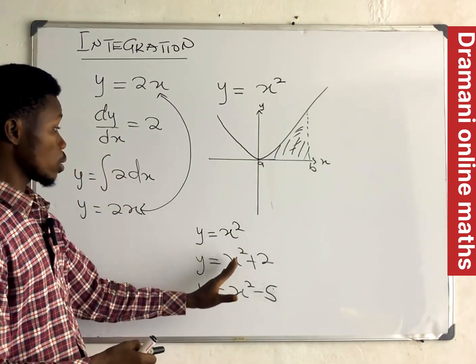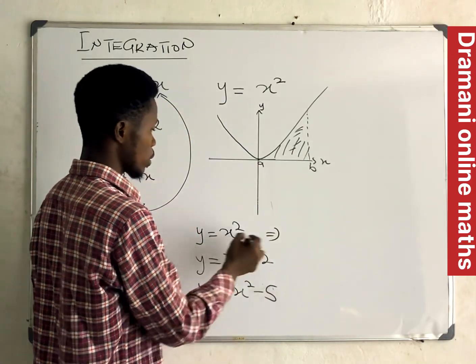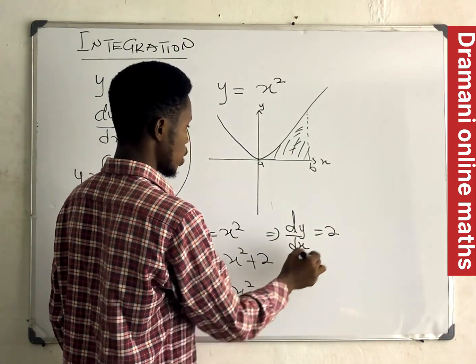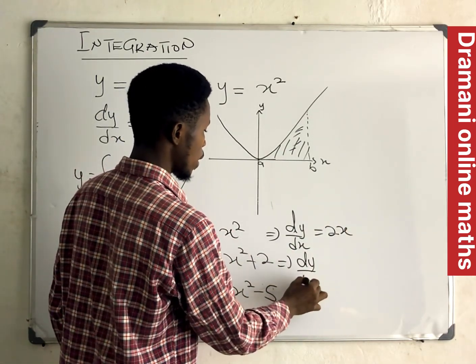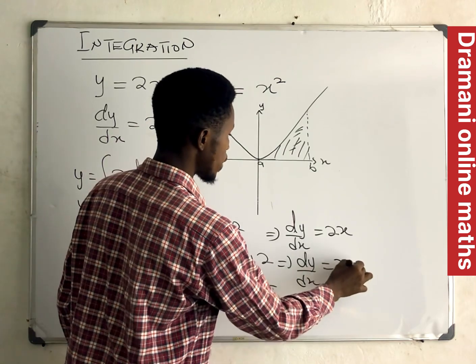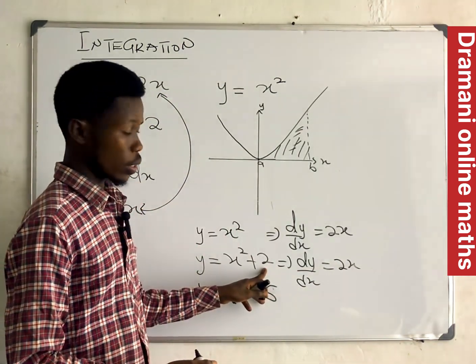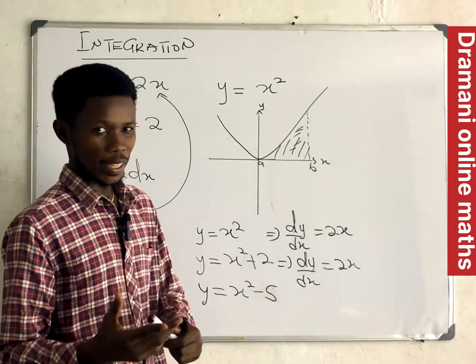We want to differentiate each of these. If I differentiate the first, dy/dx equals 2x. Then if I differentiate the second, dy/dx also equals 2x. Remember, if you differentiate a constant, that will always give you what? 0.